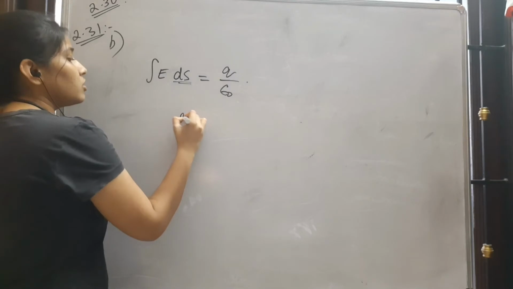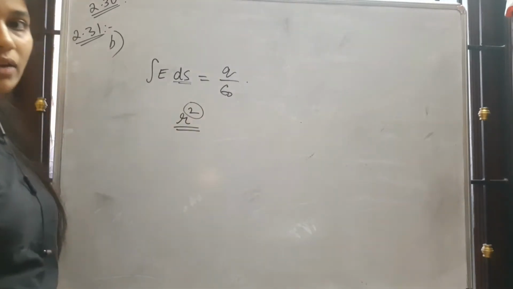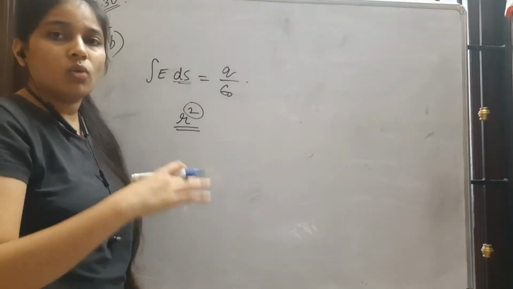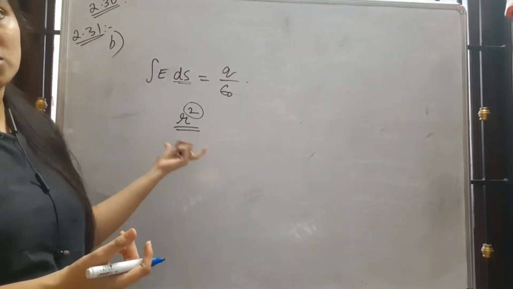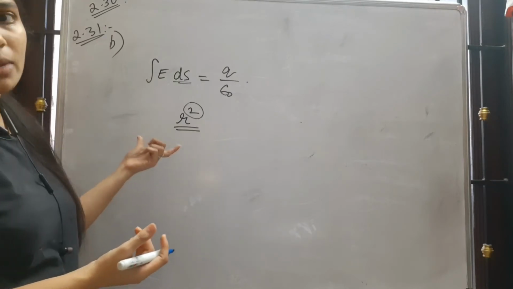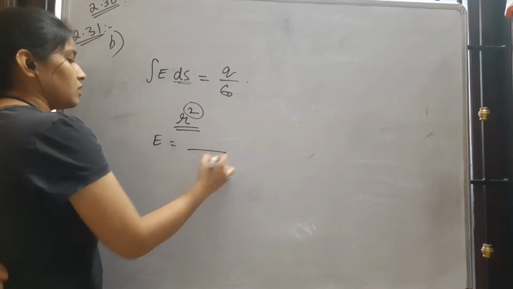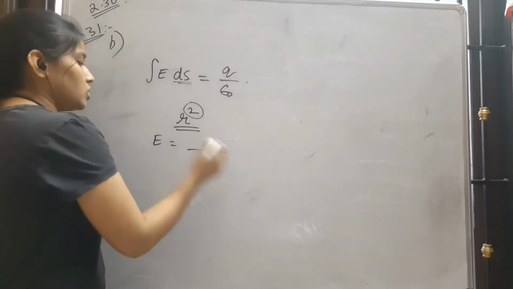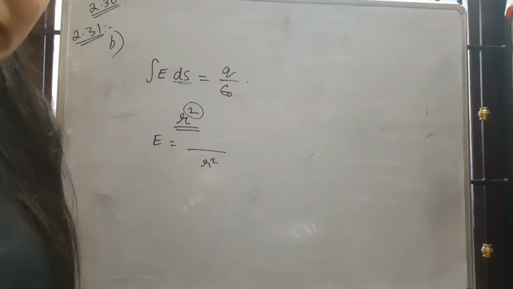Area has only an r square component. It doesn't matter what shape of Gaussian surface you take, finally you will have some squared quantity present in the integral. So the electric field will be something divided by r square, and the dependency is 1 by r square only.